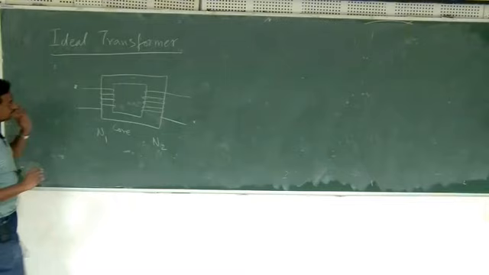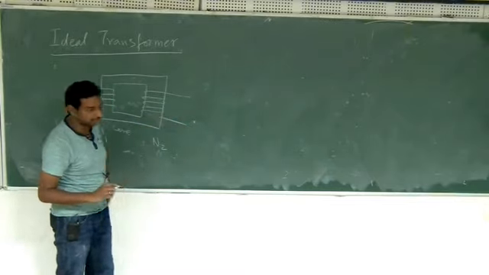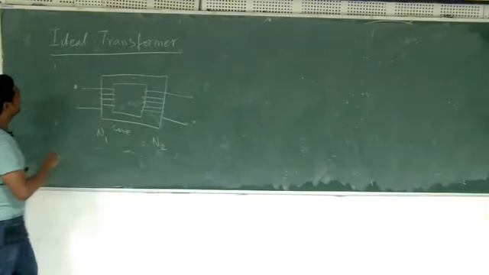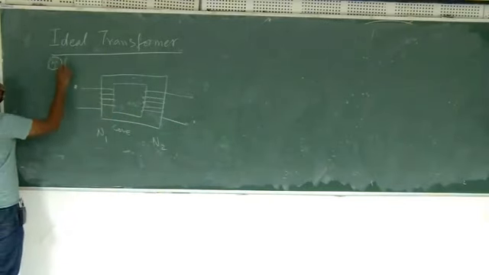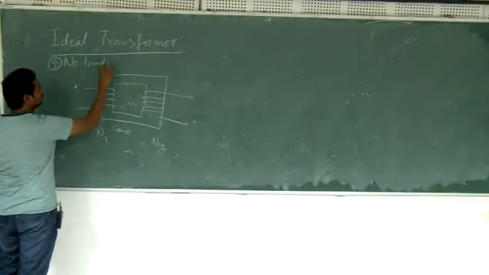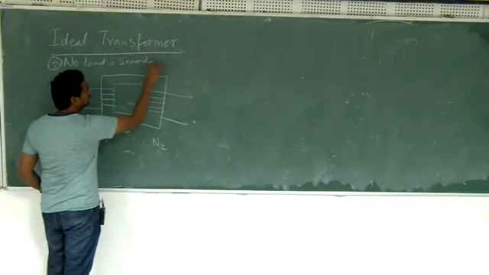Okay. Now initially this one is open circuited. So ideal transformer, and then here no load. No load means secondary open.